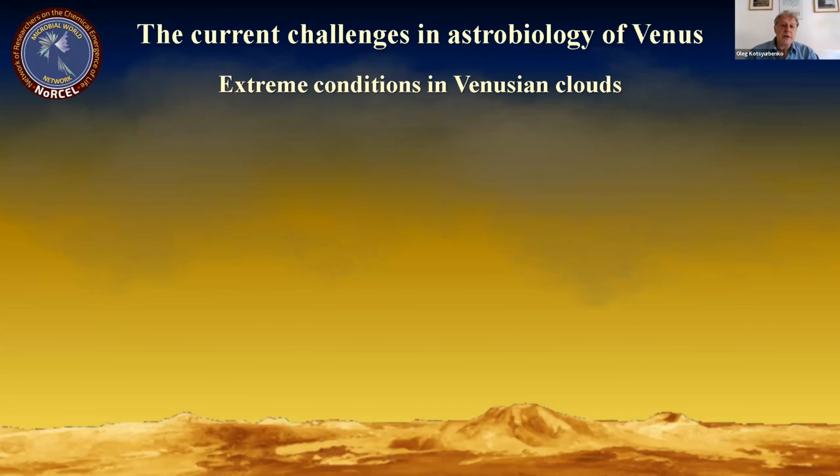Extreme conditions for living organisms primarily include temperature. It's assumed that the cloud layer where life can be most likely found is quite hot, and therefore we can talk about the possible existence of thermophilic microorganisms there, according to the Earth's classification.